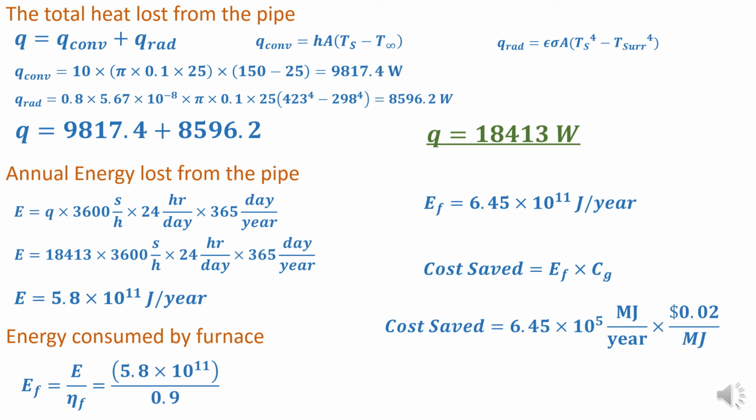The energy consumed by the furnace is 6.45 exponent 11 joules per year, which is around 6.5 exponent 5 megajoules per year. When you solve this, you will find that the cost saved in a year is around $12,900. This much cost will be saved by applying insulation if you stop this heat loss from the pipe, which is $12,900 per year.